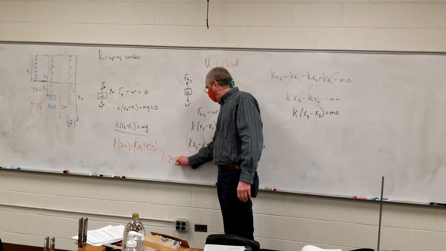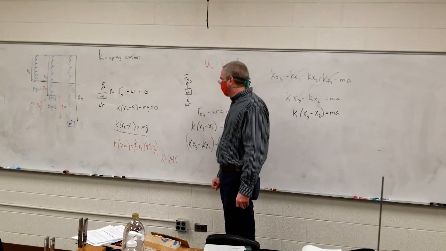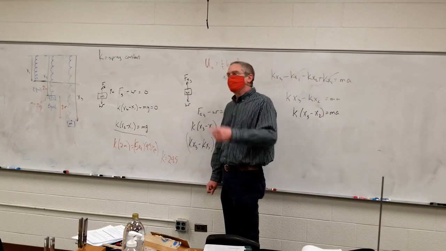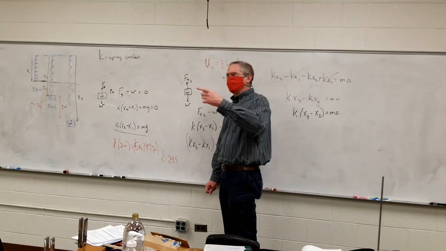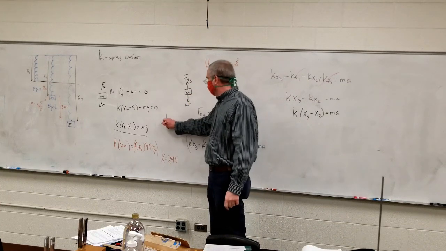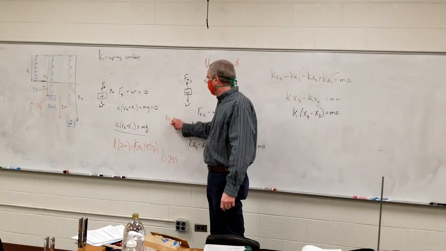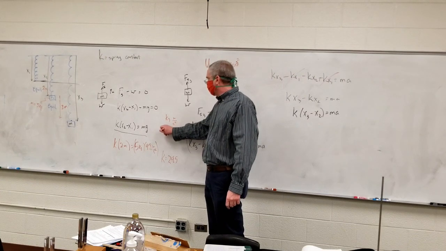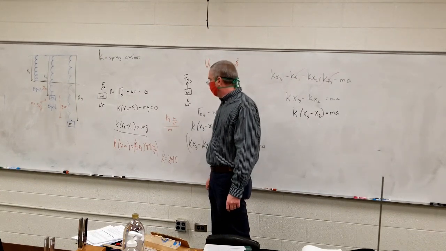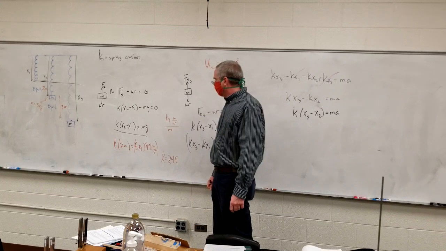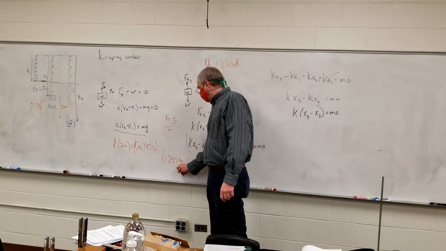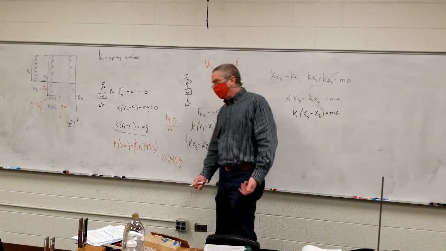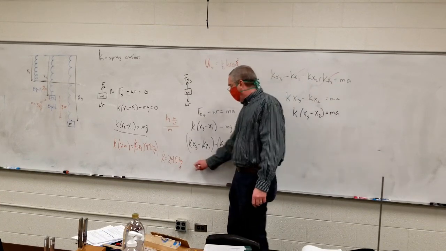Kilogram meters per second squared, divided by meters. So is it just kilograms per second squared? Yeah, so kilograms per second squared works. Not usually the way it's expressed, but it's valid.